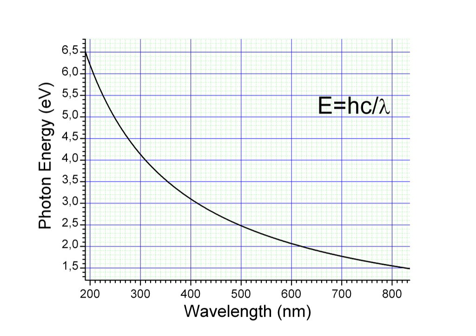Molecular bond energies are on the order of 1 electron volt to 10 electron volts per bond. 1.6 electron volts to 3.4 electron volts, the photon energy of visible light.